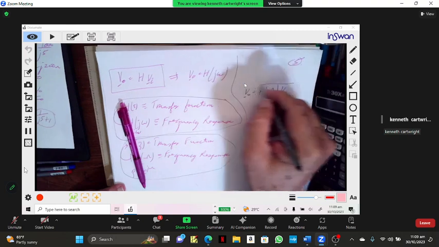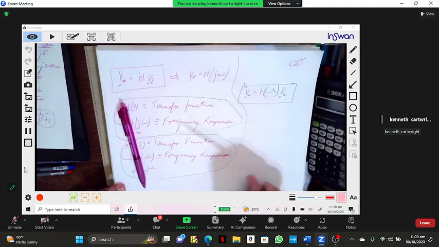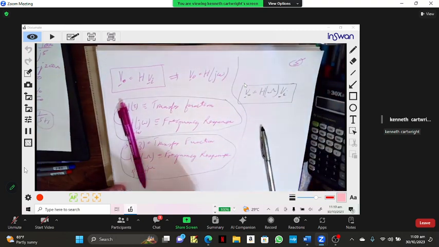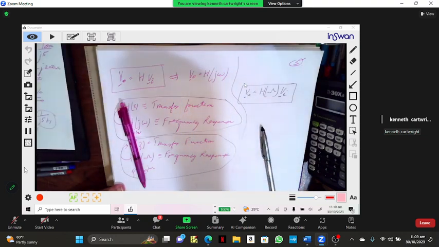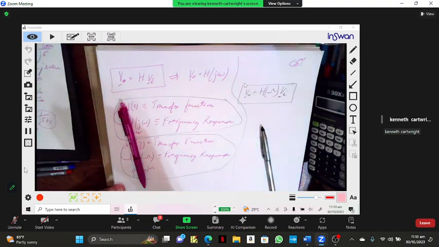This is what we're going to use. It's the same principle we've used since 120, just slightly different terminology.